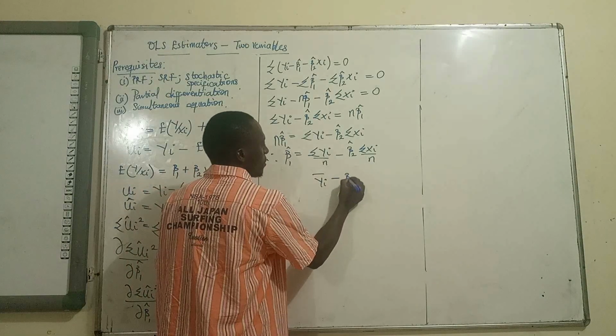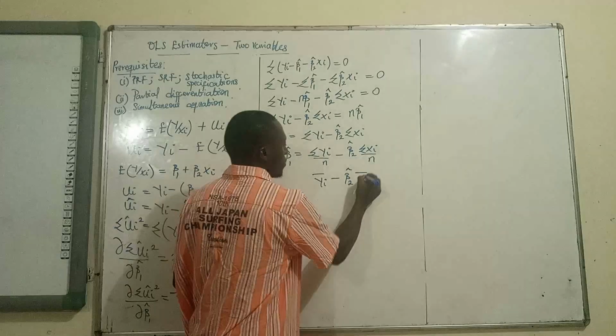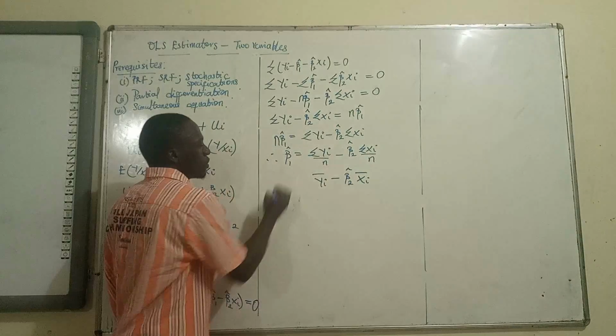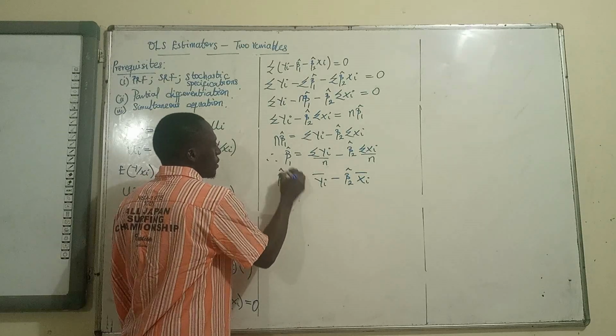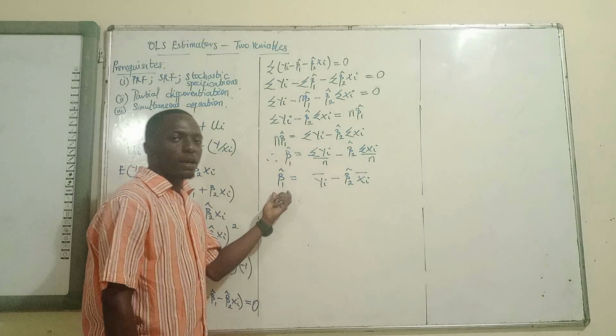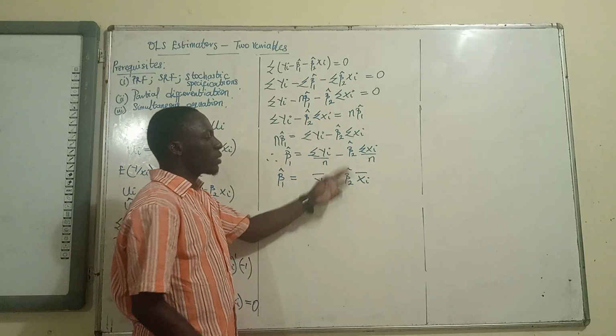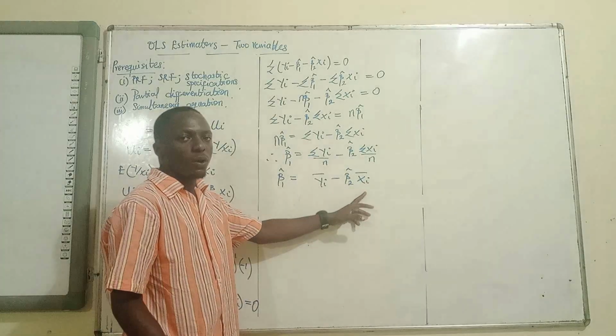So, beta 2 cap summation xi over n also represents the mean of xi. So we have the intercept parameter, we have its value as the mean of y minus beta 2 cap multiplied by the mean of x.